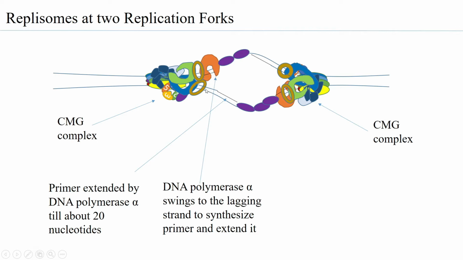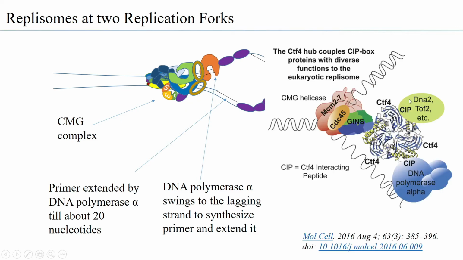Now, this swinging from the leading strand to the lagging strand is thanks to its association with the CTF4 complex. This subunit, the CTF4, is basically a subunit of the RPA, or it is something that associates with any protein that has a CIP box.